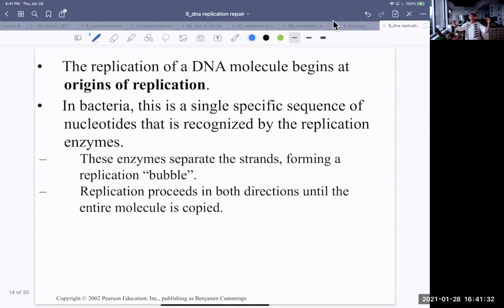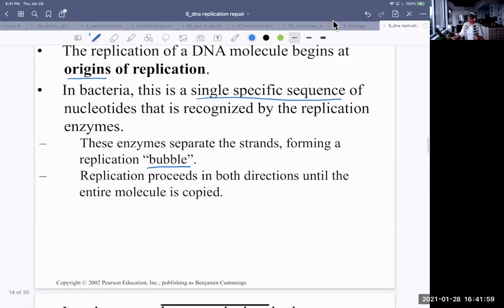When you replicate that long DNA molecule, you start replication at what's known as an origin of replication. So in the animation, it just showed one replication fork at one origin of replication. In bacteria, it's a single sequence of nucleotides. The enzymes separate the strands, they form a bubble, and the replication proceeds in both directions until the entire molecule is copied.